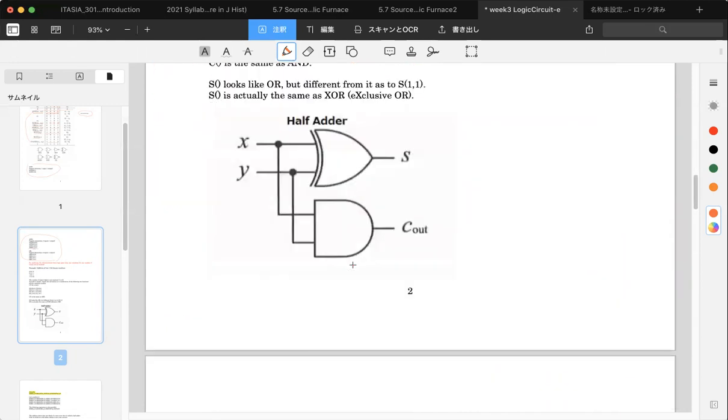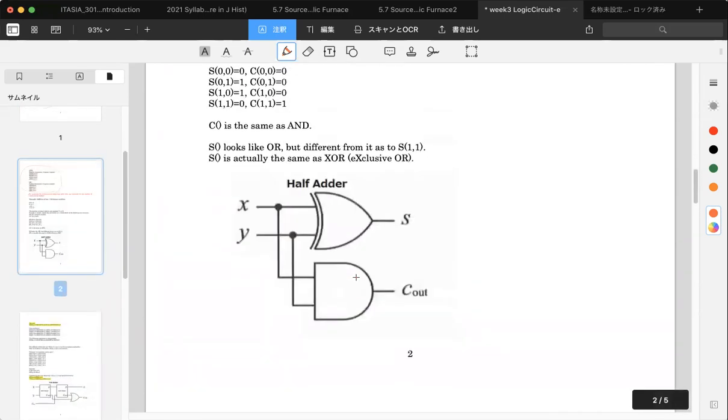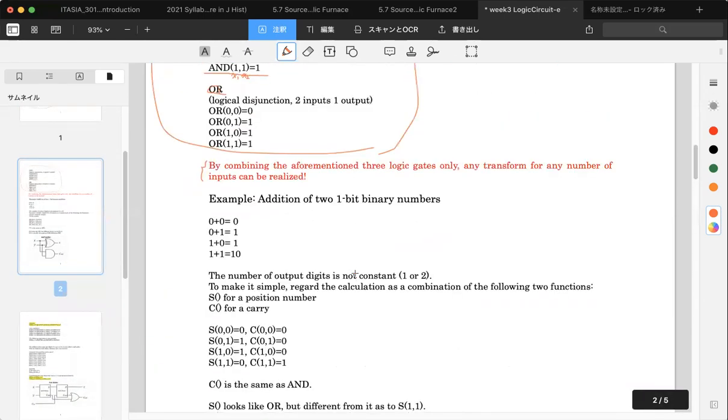And here are some examples, I think. Let me just go through that. Because in computer language, usually we just use binary systems.